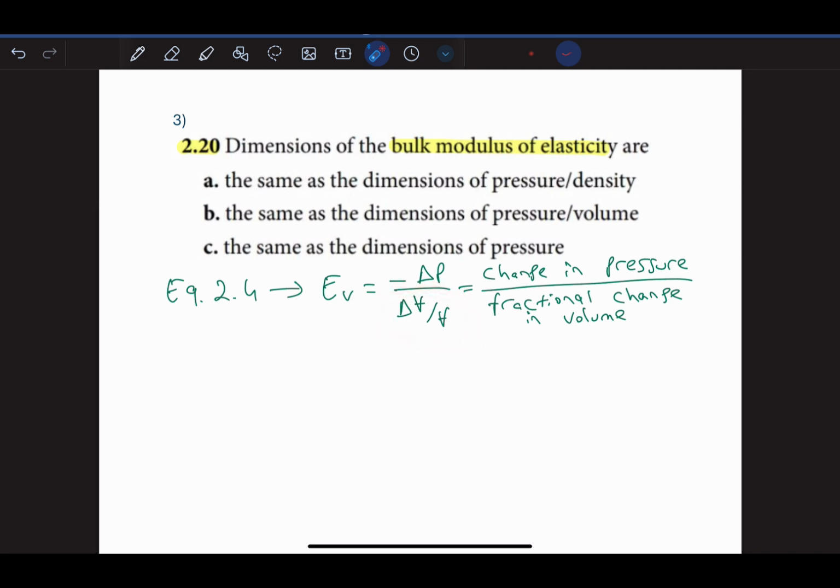The fractional change in volume is dimensionless, so the final dimension of bulk modulus will be that of pressure, Newton over square meter. So the answer is C.